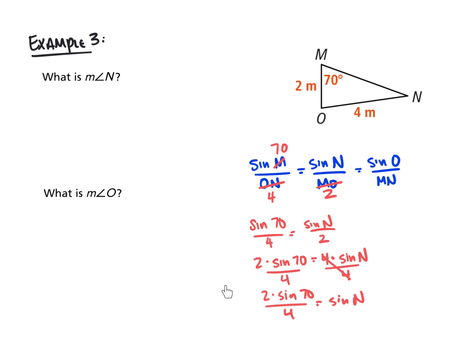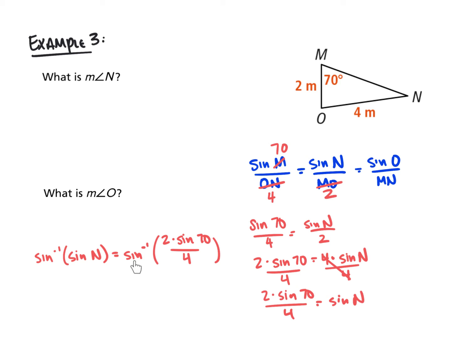So I'm going to use this space to kind of show you what I'm going to do. I'm going to take the inverse of the sine of N. And I'm going to take the inverse of everything that I have over here. So it's going to get kind of messy with what I'm writing, but it's going to say 2 times sine 70 over 4.